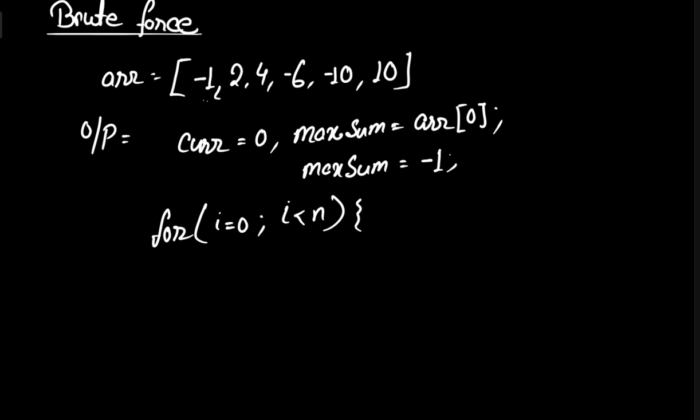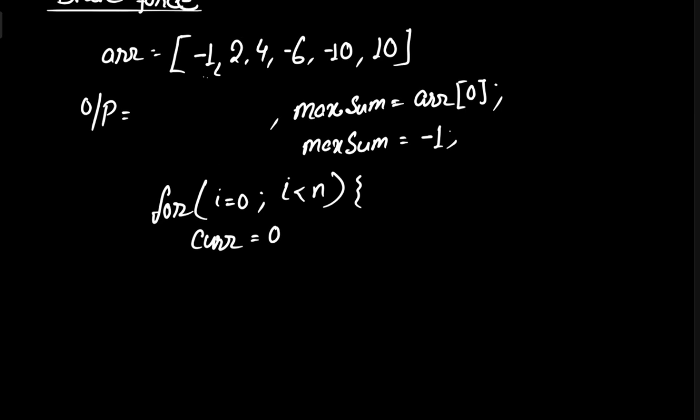Then in the inner loop we will put this current sum, because after every iteration, after every ith value, current sum will be changed, means it will be updated. How it will happen, we will see in the process.